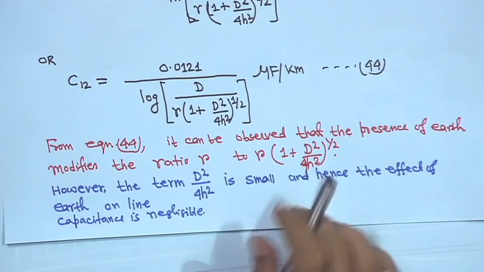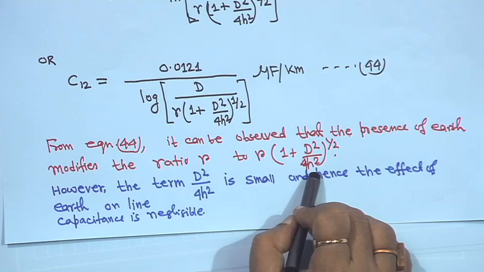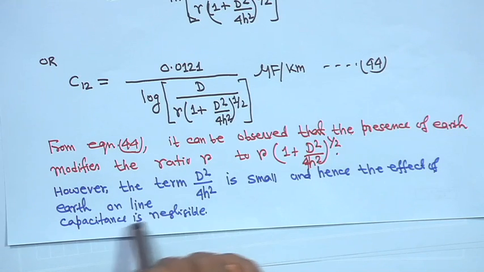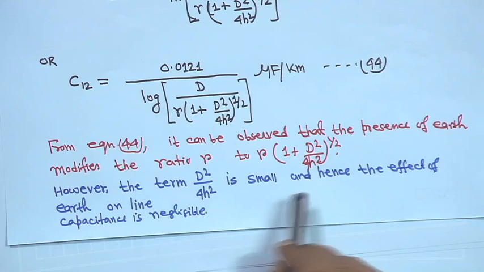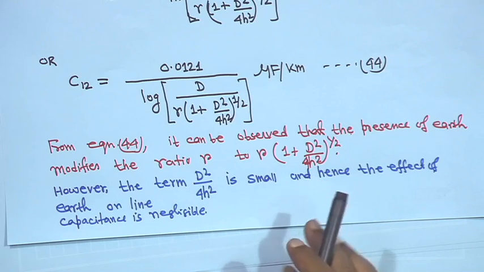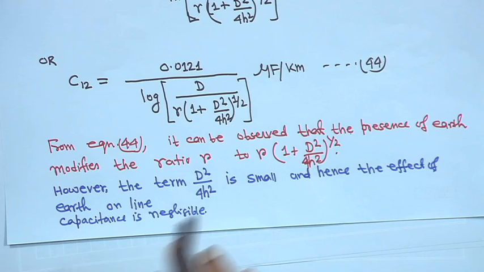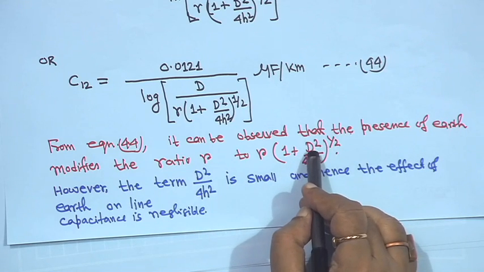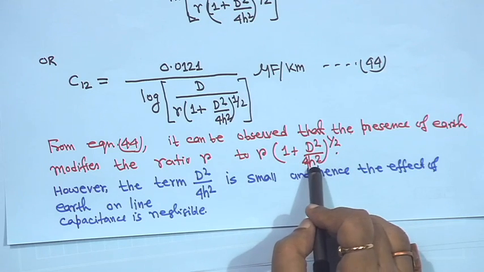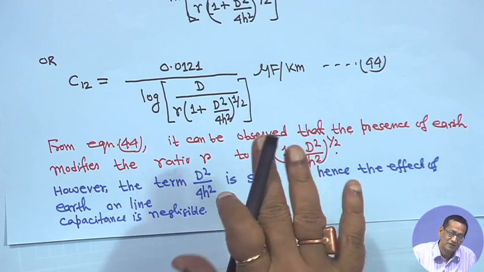However, this d square by 4h square term is actually very small, and hence the effect of earth on line capacitance is negligible. Actually, this is because the conductor lies much above the ground compared to d, because d is the spacing between the two conductors and h is the height of the conductor from the ground.